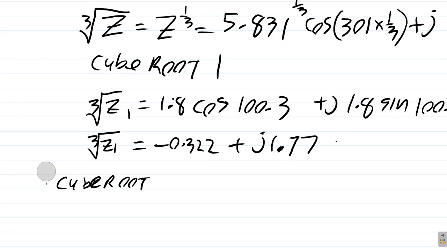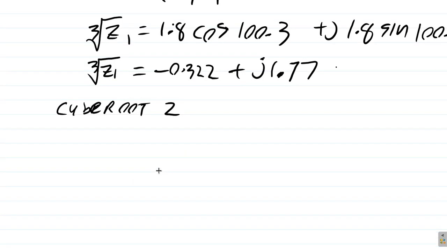Since I put it like that, let's be consistent. Yeah, cube root 1. This is now cube root 2. Let's find cube root 2 and see what's going on. Cube root number 2.